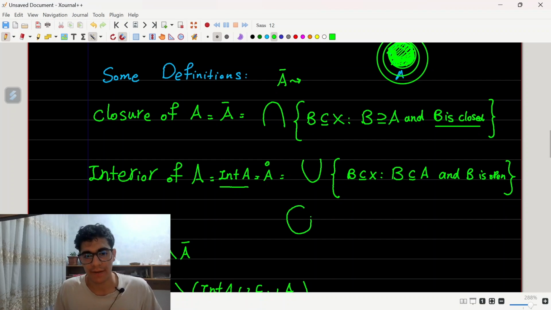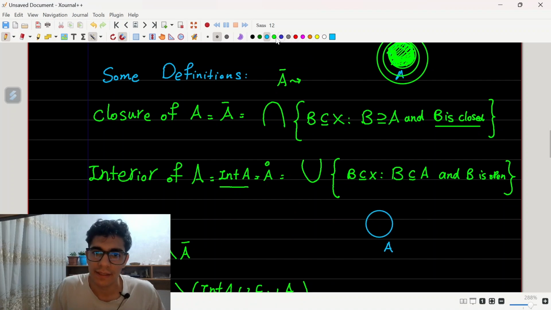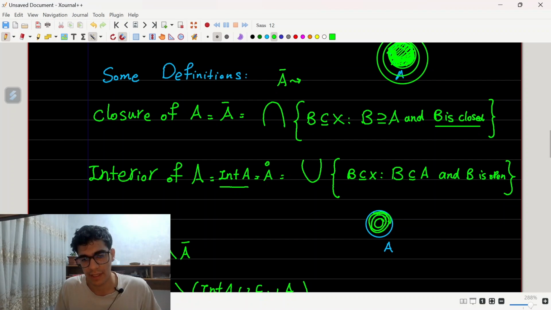If we have this set A, then I'm taking unions of all B's which are contained in A until I reach a point where my sets are open still, but also they're still a subset of A. So this will be those sets.